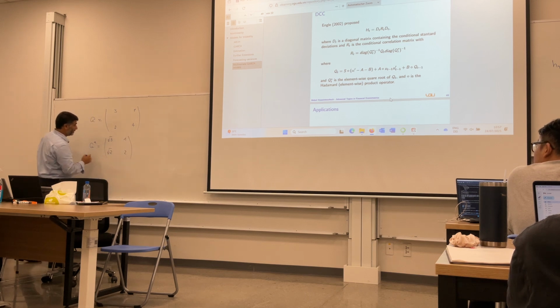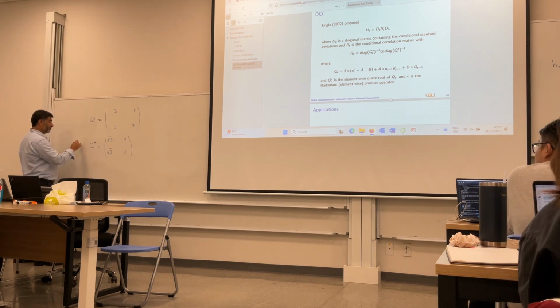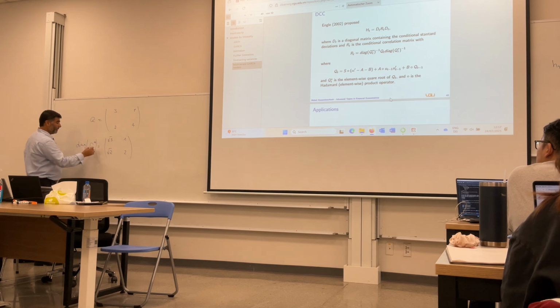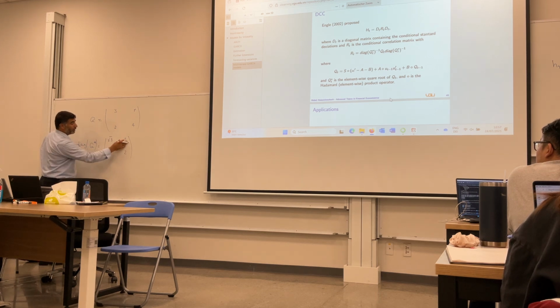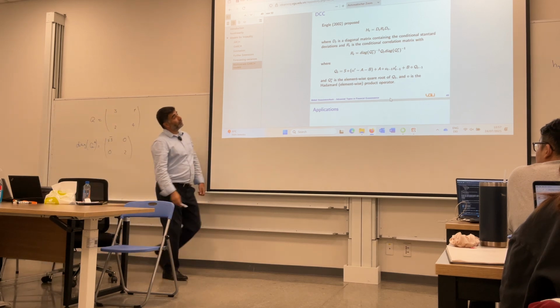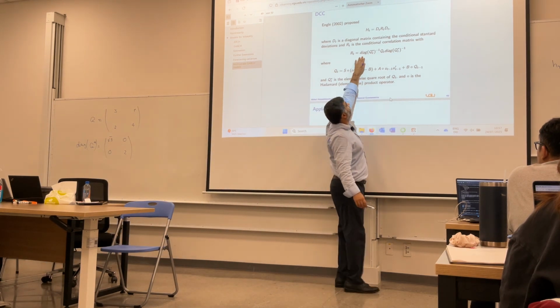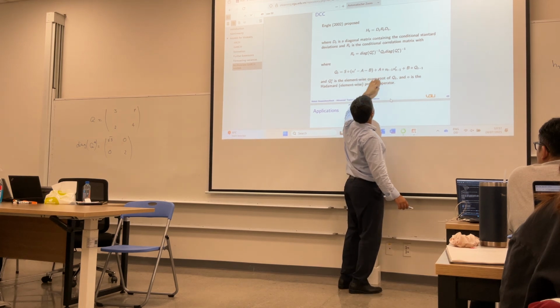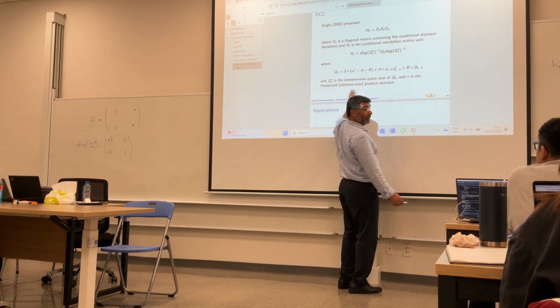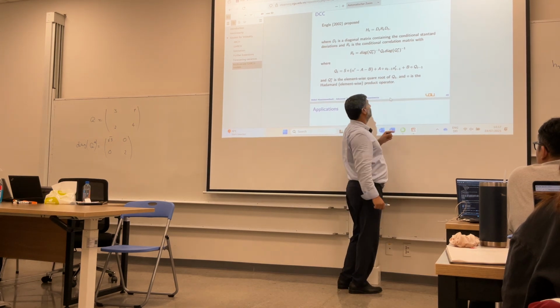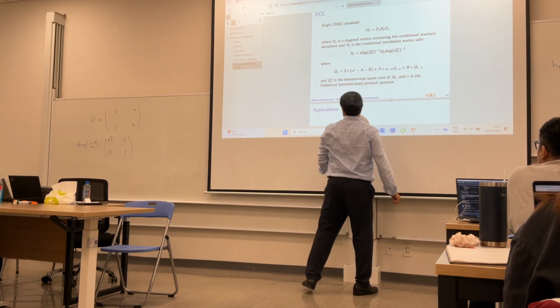Let's look at the diagonal of this: this will be 0, and this is also 0. So that's the diagonal: it takes Q, looks at the square root of it, and then takes the diagonal element.